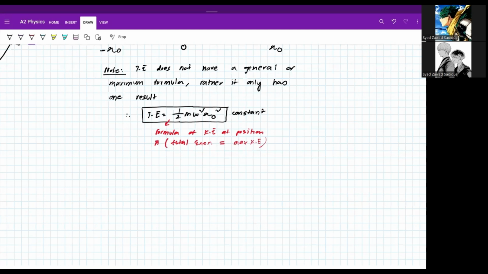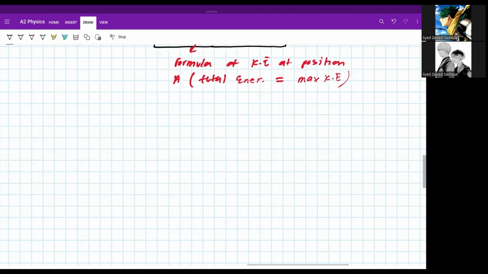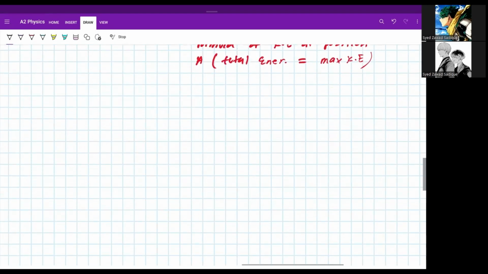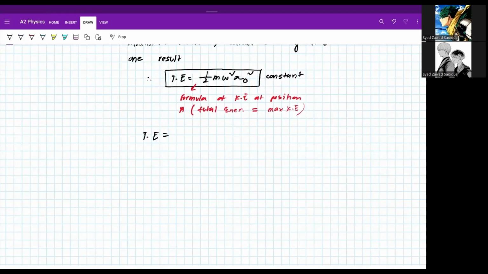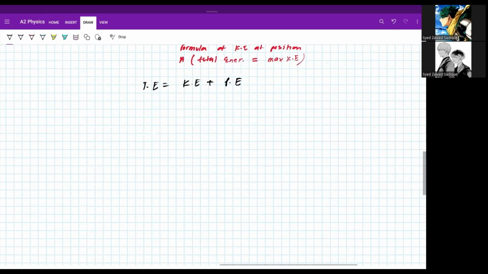Nice. Now, moving forward, we have to learn how to find the potential energy. Total energy is equal to kinetic energy plus potential energy. We can rewrite this as potential energy equals total energy minus kinetic energy.